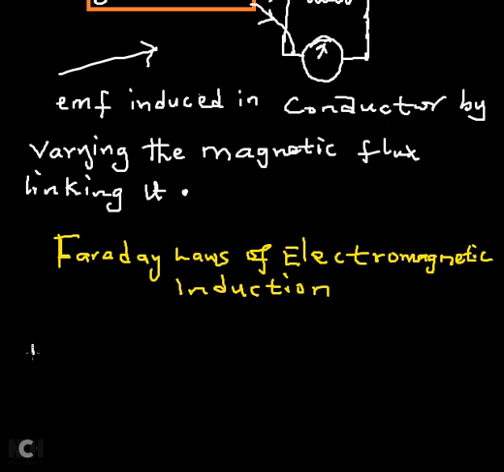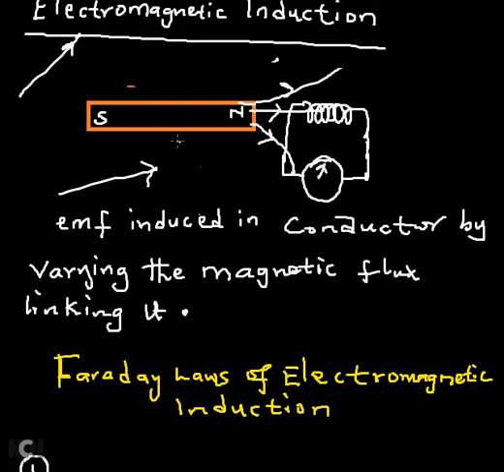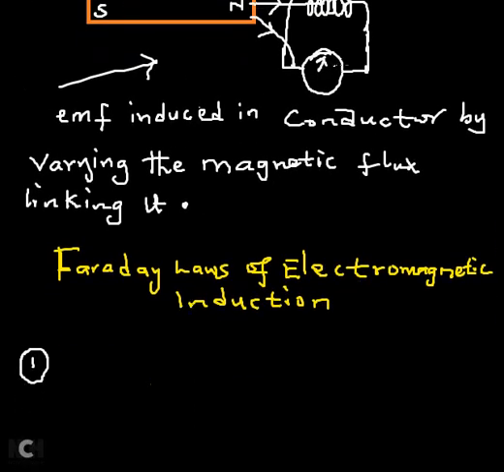The first law is the actual definition of electromagnetic induction. It states that whenever the magnetic flux linking a conductor varies, then an EMF will be induced in that conductor. Mathematically, let me use E to represent EMF.